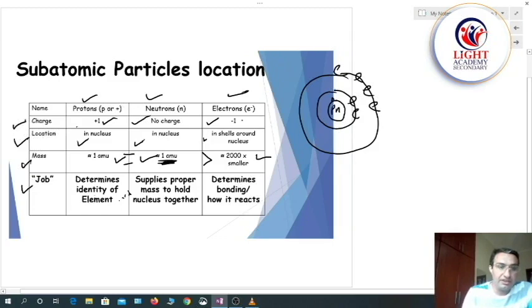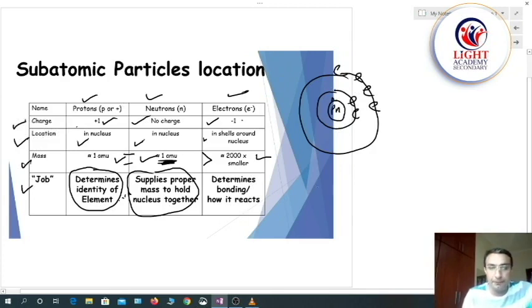For their functions, protons determine or identify elements, okay. That is very important. As I told you, the proton number of an element is unique, that's why it identifies that element. The job of neutrons is to supply proper mass to the whole nucleus.